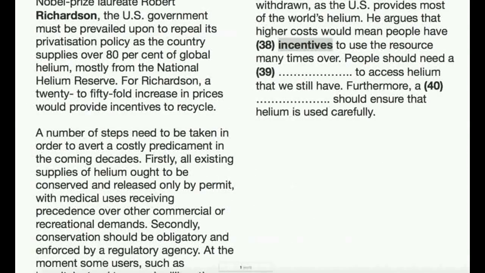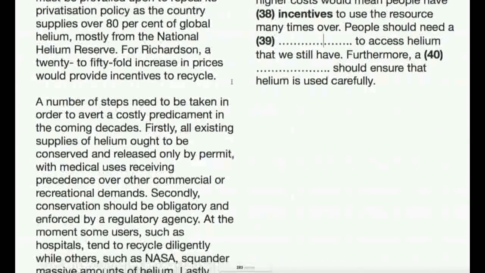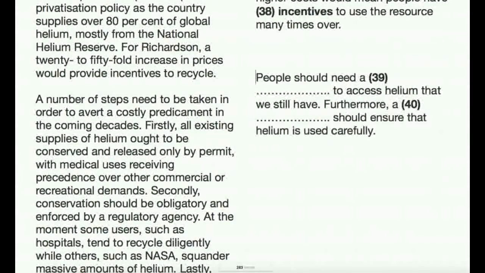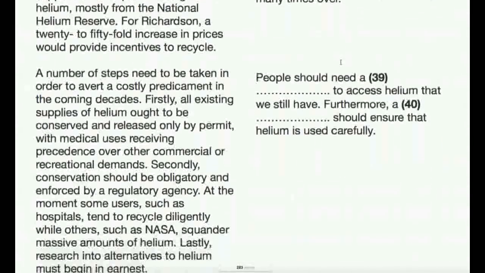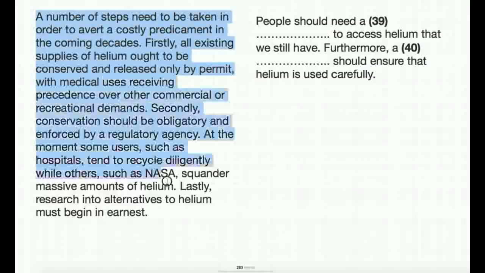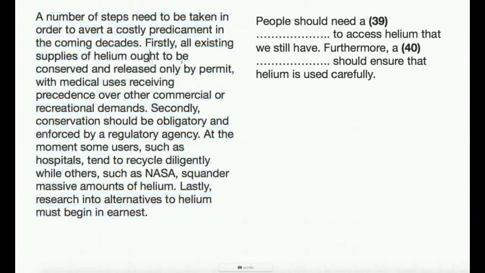Now pause the recording again if you want to try and do question 39 yourself. We know the answer is going to be in these paragraphs because that's where we've got to now. People should need a something to access helium that we still have.